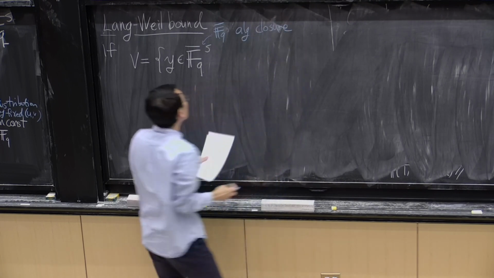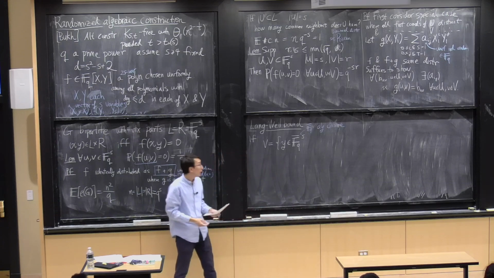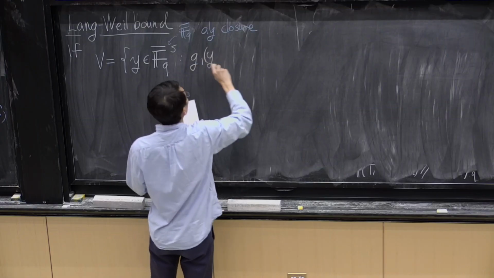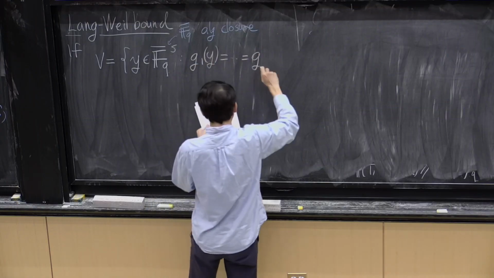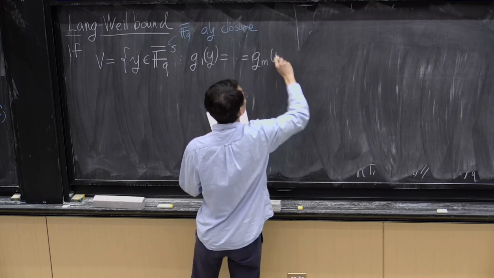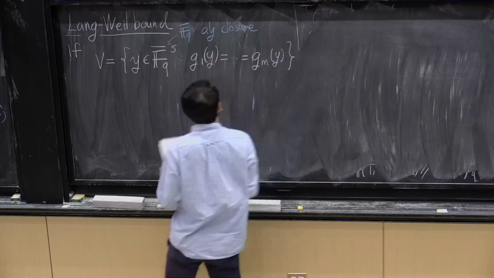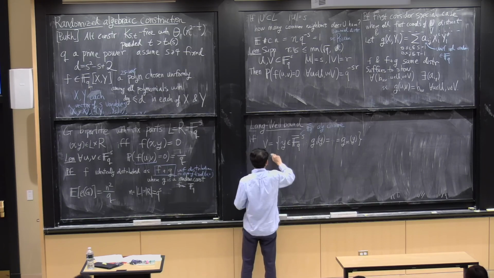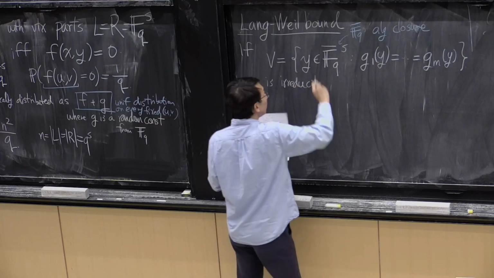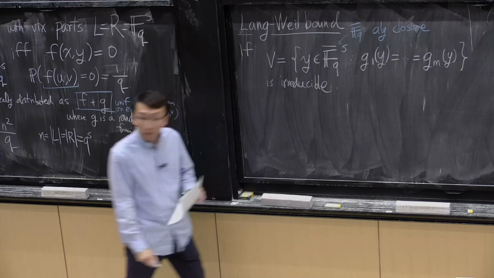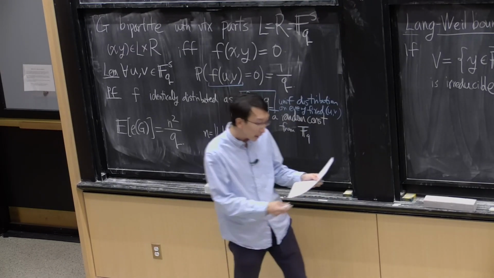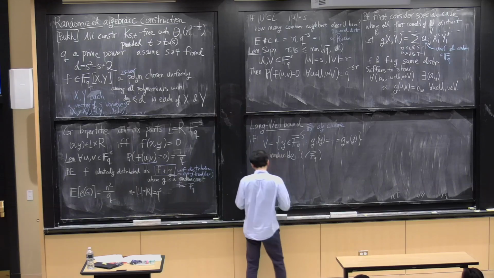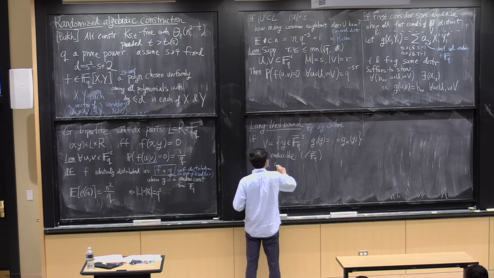It's the smallest field extension where I can solve all polynomial equations. Then the variety cut out by a set of polynomials. Okay, so V is this variety. So if it is irreducible, it cannot be written as a union of a finite number of smaller varieties, irreducible over F_q bar.